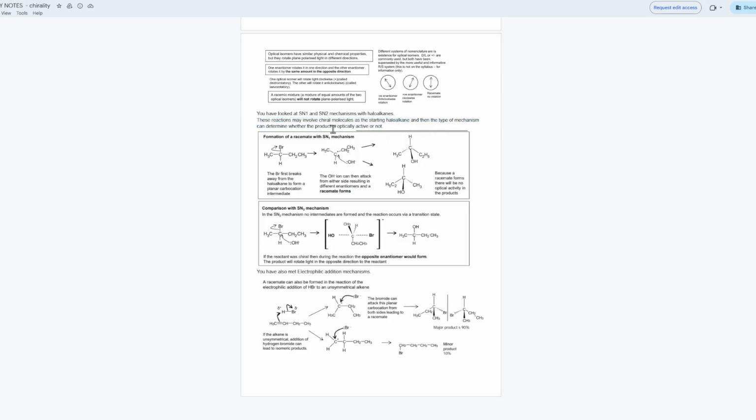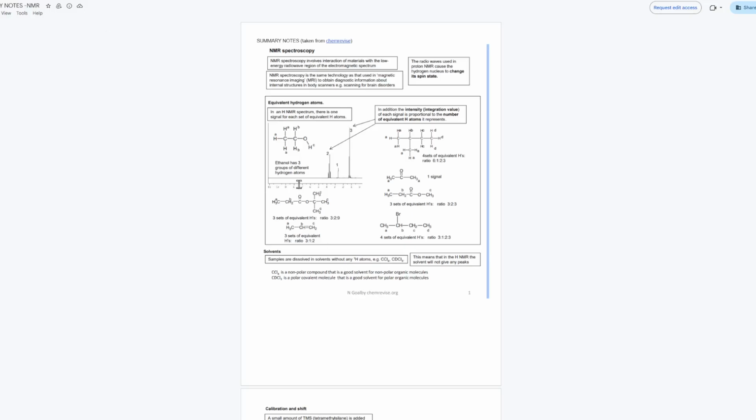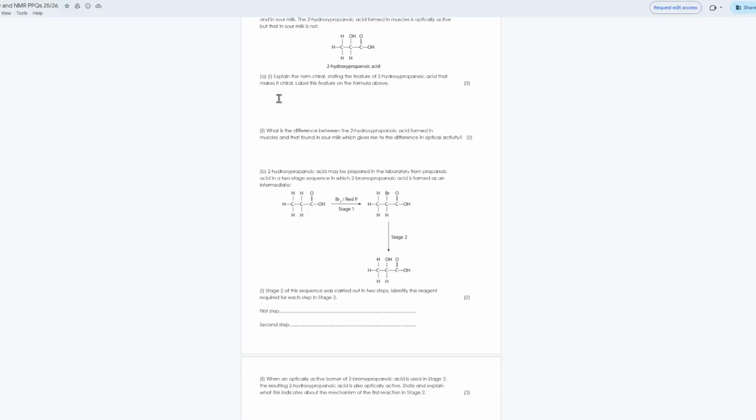What determines the type of mechanism? Nobody knows. I think we might not need that for the answer. We might though, which would drop us some marks here. Let's hope not. Okay.